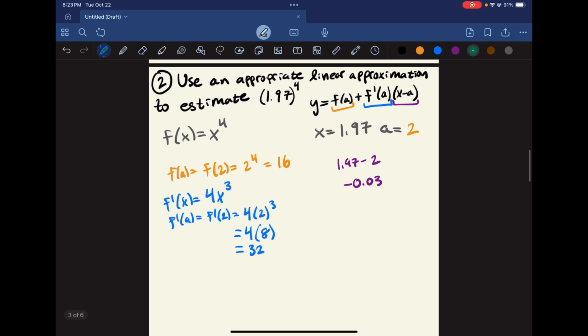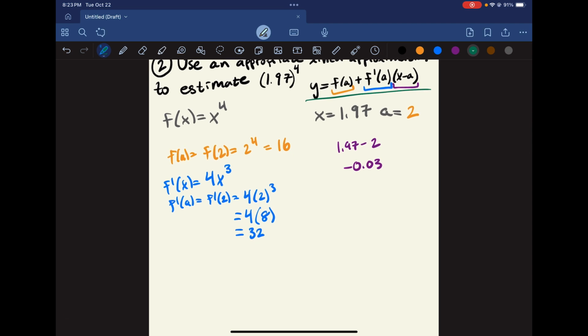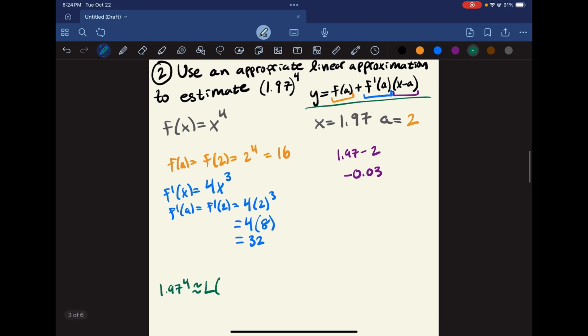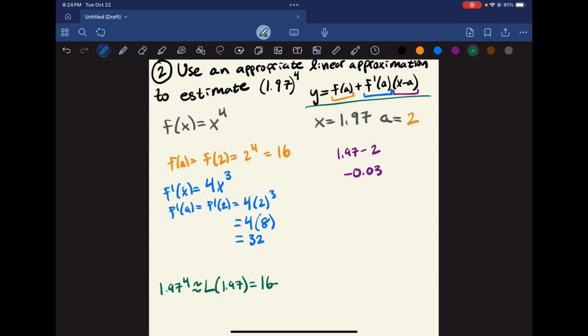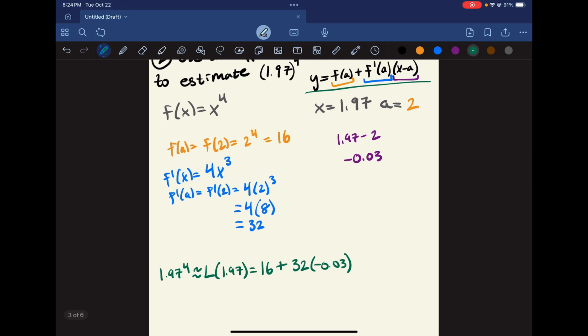So we just put it all together. 1.97 to the 4th power is approximately equal to our linear approximation at 1.97, which is equal to 16 plus 32 times negative 0.03. And that would be sufficient.